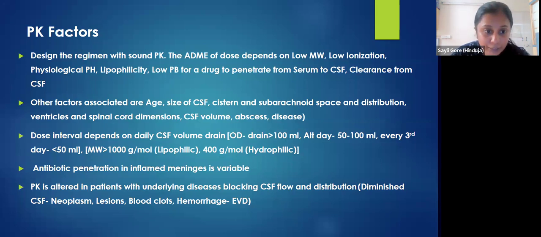So the dose interval also depends on the CSF volume and the drain. In general, once daily dosing is recommended if the drain is more than 100 ml. Alternate day dosing is recommended if the EVD drain is between 50 to 100 ml. And every third day dosing is recommended if the drain is less than 50 ml.